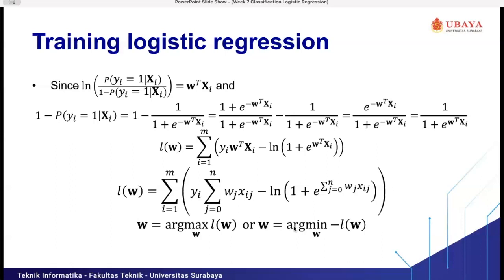Or we can also use the minimum value, but with the minus notation in front of the L function. So to get the best wj, we can choose the wj that has the maximum value in the L function, or we put the wj into the L function with the minus notation, then we choose the minimum value from there. Yeah, it is the same equation.